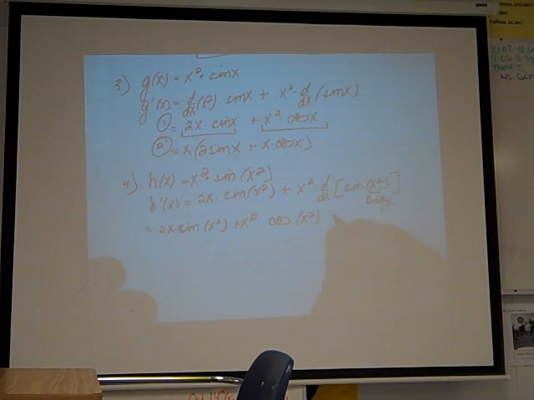The derivative of x squared is 2x. You could go further. 2x sine of x squared plus x squared times cosine of x squared times 2x. I can multiply the x squared with 2x to get 2x cubed cosine of x squared. You can stop there. That's perfectly acceptable.